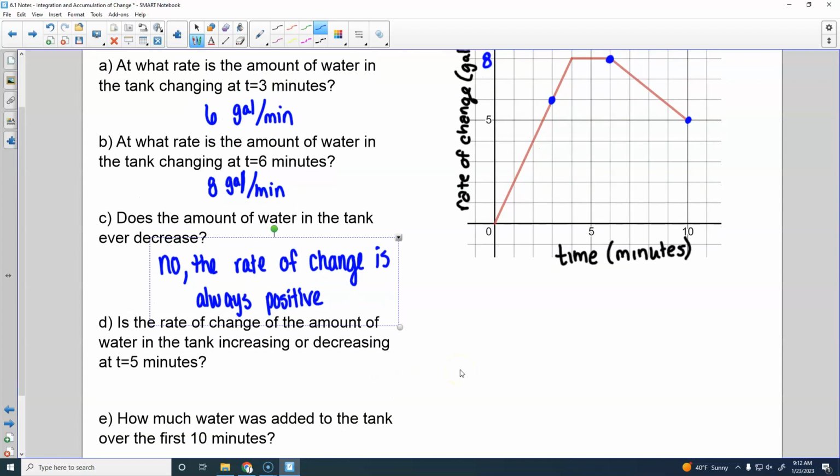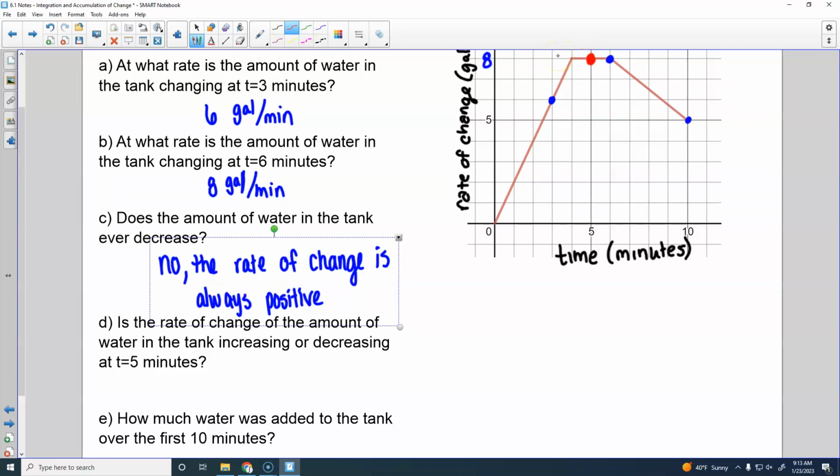All right. For D, it says, is the rate of change of the amount of water in the tank increasing or decreasing at t equals 5 minutes? Okay, a little bit of a trick question in its wording, right?